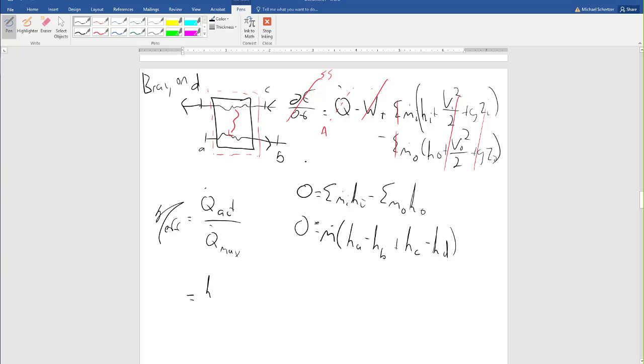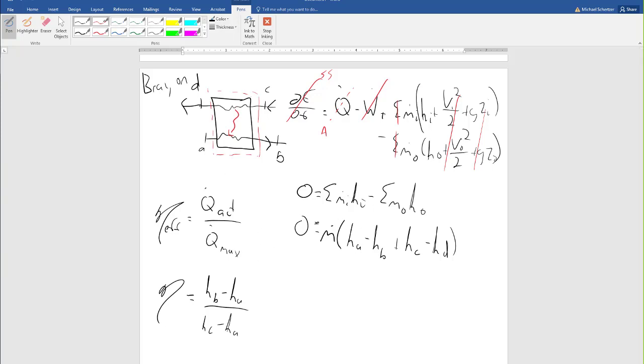This is going to be h out minus h in if we did the first law and kept Q. So this would be hB minus hA divided by the maximum that we could get, which is hC. This is the hottest port on our thing. So this would be hC minus hA.